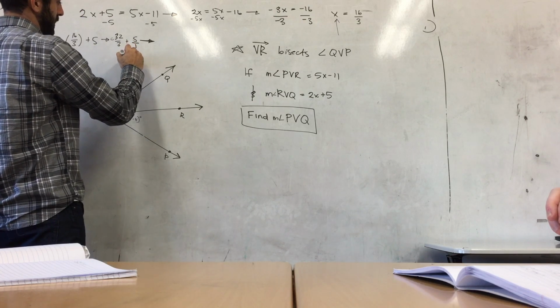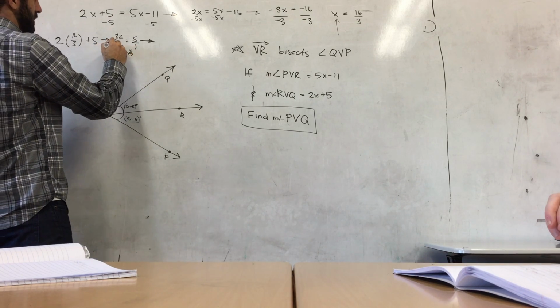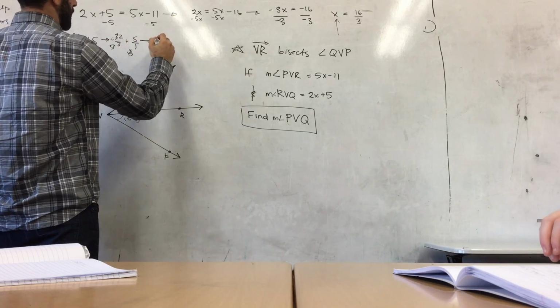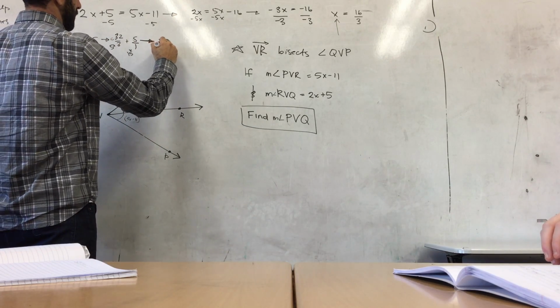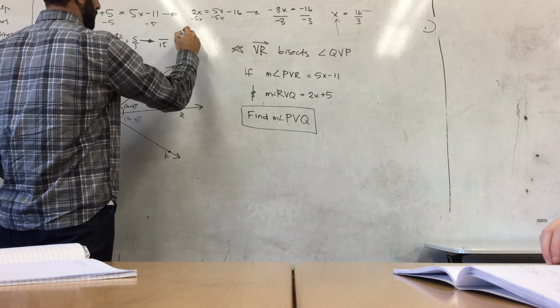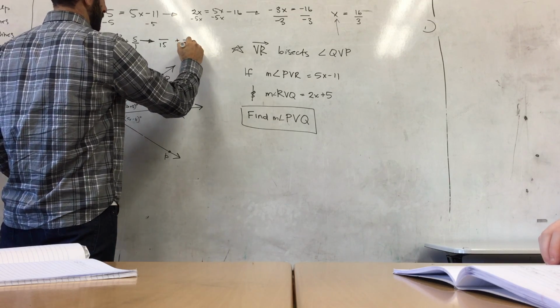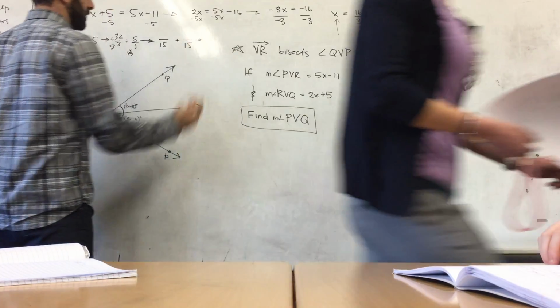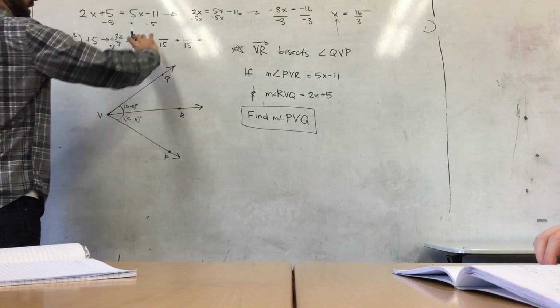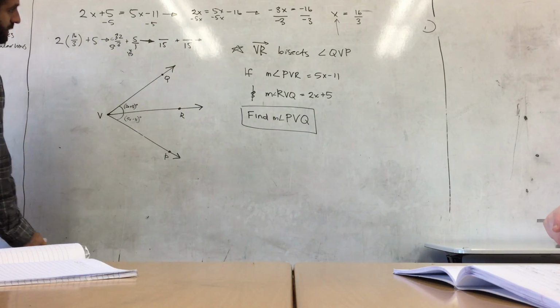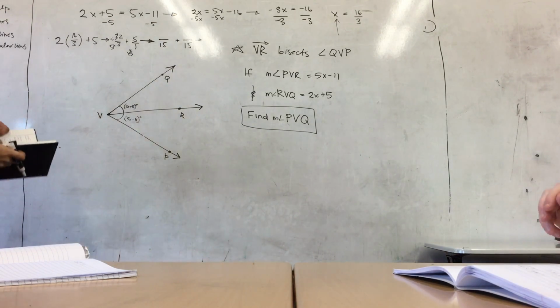Or sorry, we'll have to multiply this by 15 actually. We need a common denominator. Okay, over 15 plus 15 over 15, like that. Alright, find these numerators and then we can add it, and that's the measure of the angle. This one turned out kind of nasty.